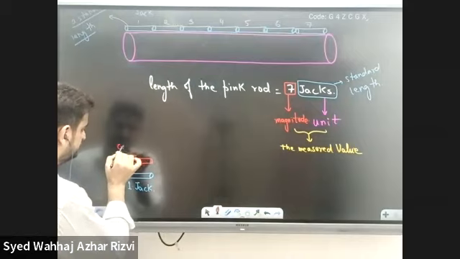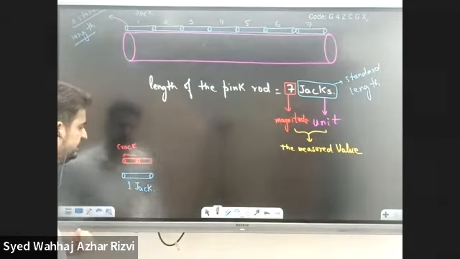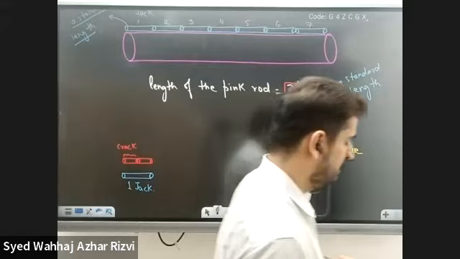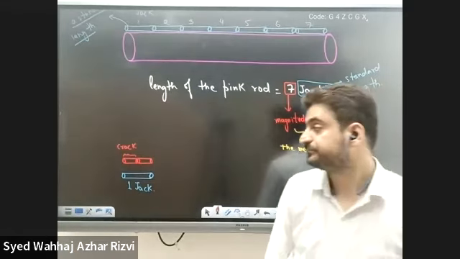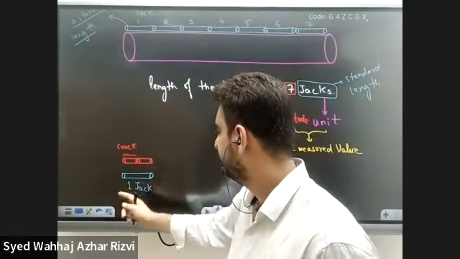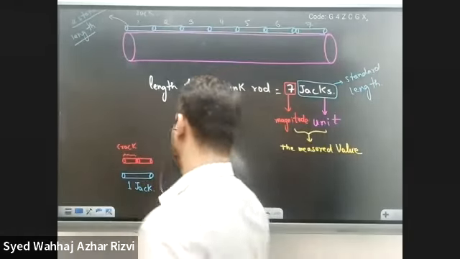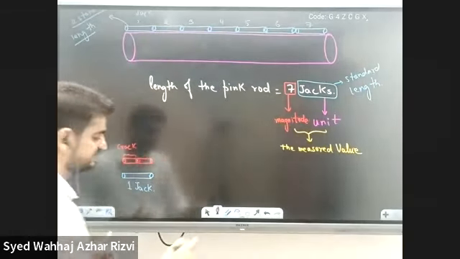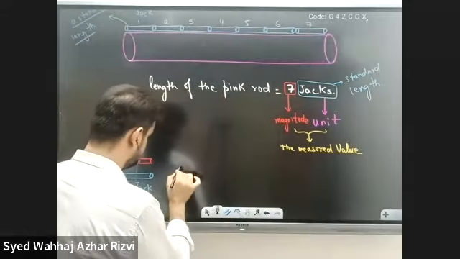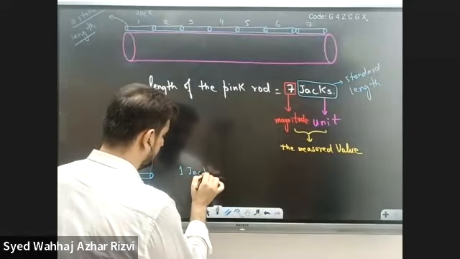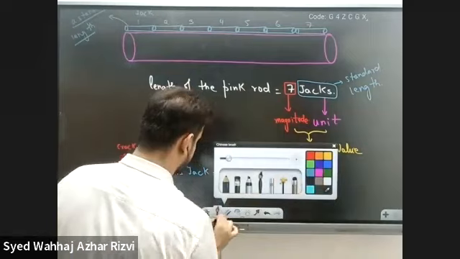Let's call it Crack. So this is one Crack and this is one Jack. So one Jack is made up of two Cracks. One Jack equals two Cracks.